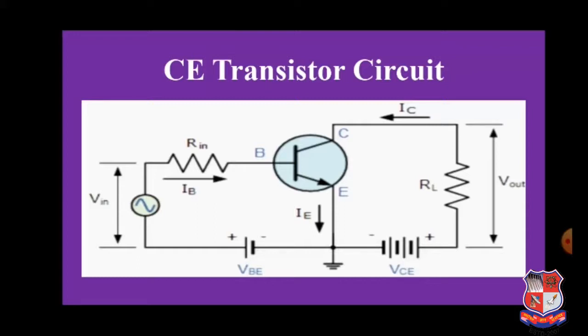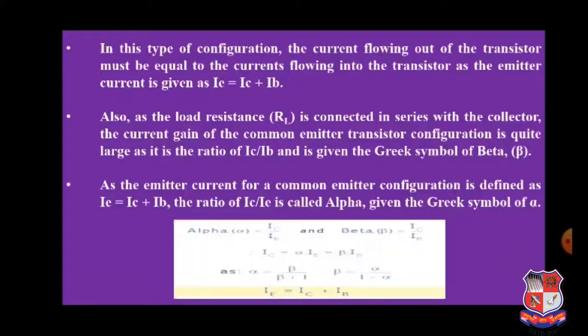Okay, so this was about the electronic circuit for common emitter transistor, the working principle and determination of two major factors known as alpha and beta, where beta is the current gain and alpha is the emitter to collector current ratio. Okay, so again this is the secondary configuration.